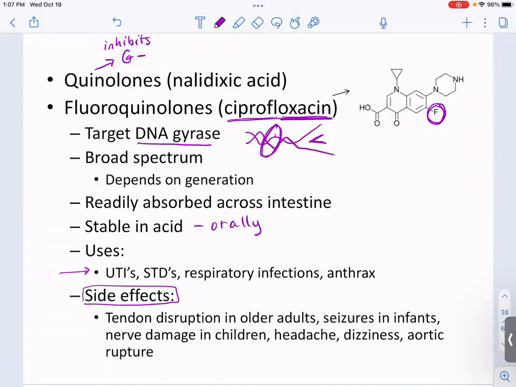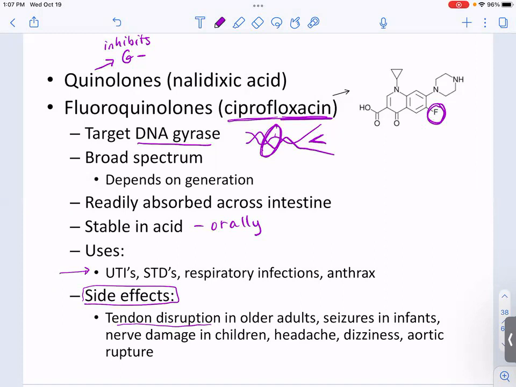A kind of odd one is tendon disruption in older adults, especially the Achilles tendon. It seems like a very odd side effect. We're not really sure whether the drug impedes blood flow to joints or whether it impedes collagen production. Again, fairly rare, but that's something that we see.